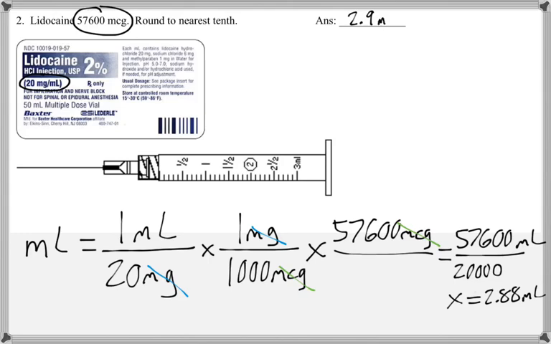So 2.9 mLs. And that's going to be right here. And then I need to shade it, and that'll be our answer.